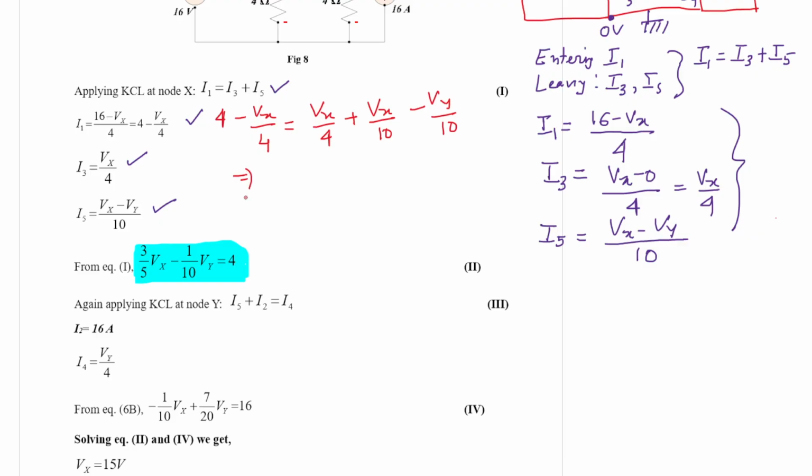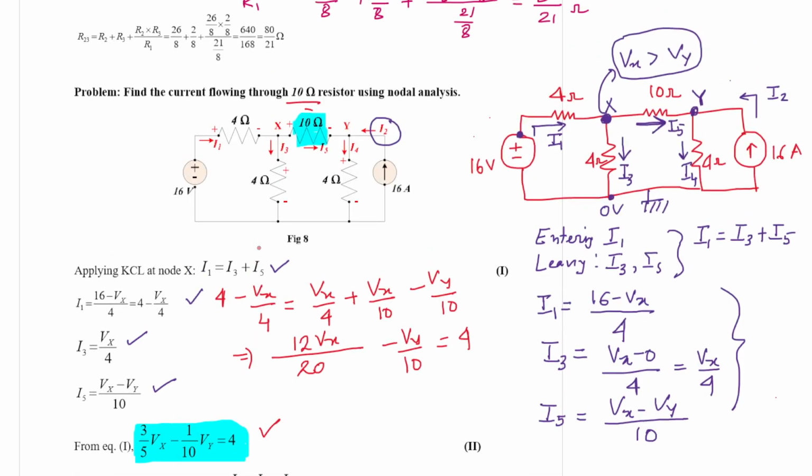If you bring this Vx by 4 to this side and take the LCM, which is 20, it will be 12 Vx minus Vy by 10 equal to 4. That is why it is written 3 by 5 Vx minus 1 by 10 Vy equal to 4. That is equation 2 for you.